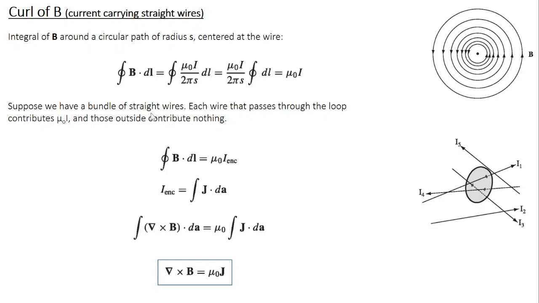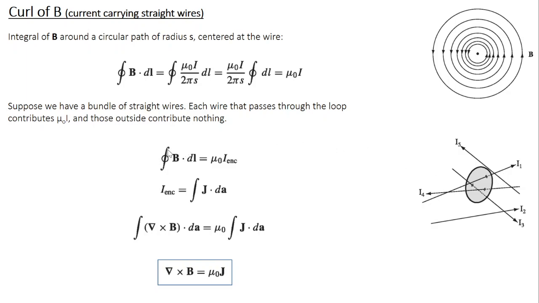Suppose we have a bundle of straight wires. Then you have a circular loop here, and if you calculate the line integral of magnetic field along this loop, then each of the wires which passes through this loop contributes a current mu naught I, and the wires which are outside of the loops do not contribute anything.